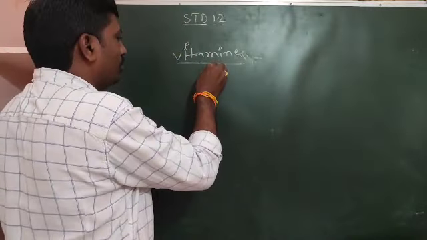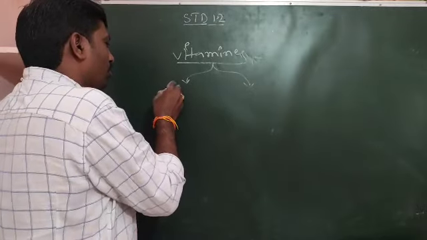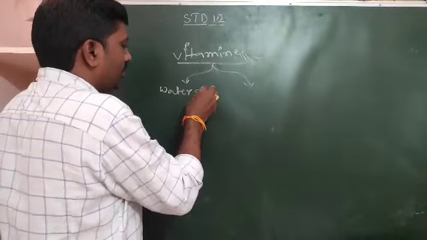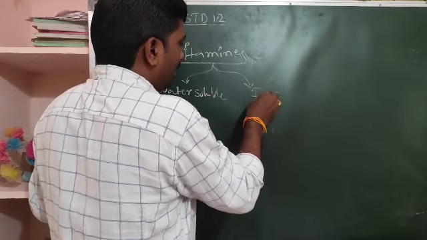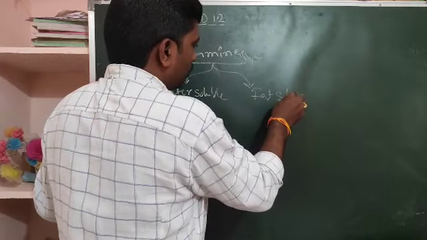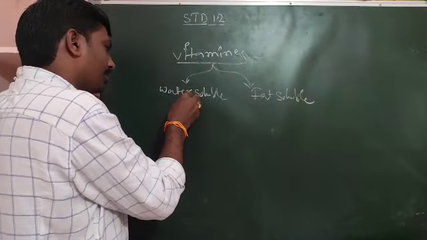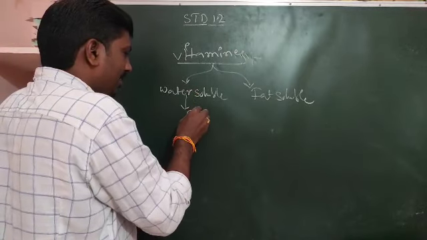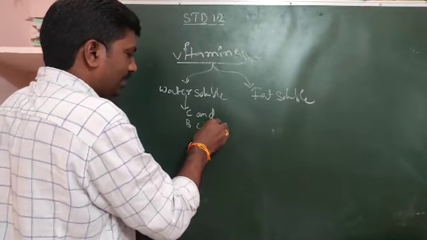Vitamins are mostly of two types: one is water soluble, the second is fat or oil soluble. Water soluble are C vitamin and B vitamin or B complex.